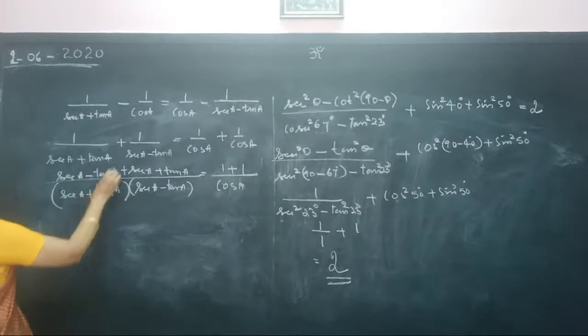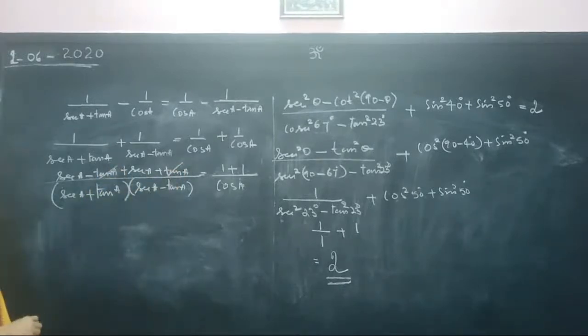Clear? So now minus tan A plus tan A get cancelled.